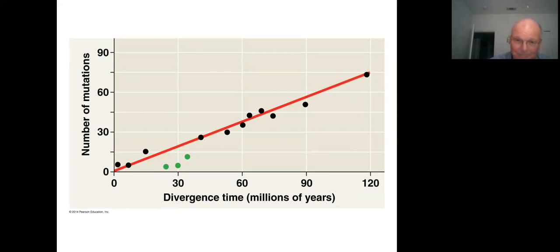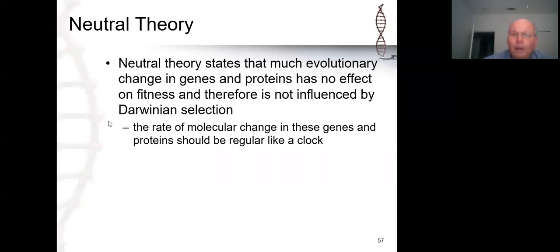So that simple assumption that the rate of mutation in the same gene in different species occurs at the same rate, clearly this indicates that that may not be the case. So that would be a problem that we would have to take into account when we're using molecular clocks as a way of looking at divergence. One of the other problems is that many mutations are neutral.